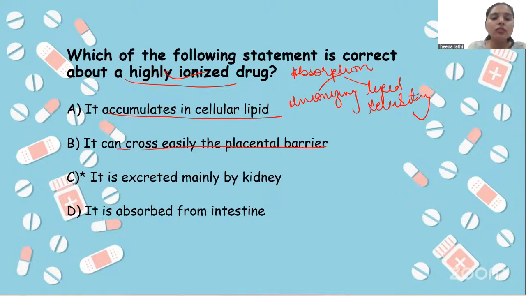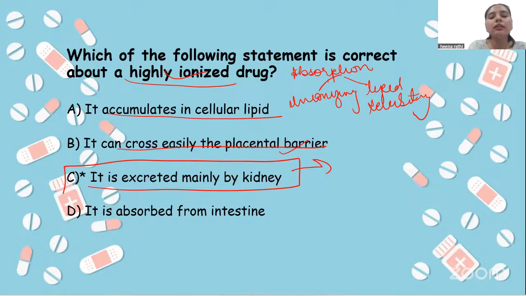Can it easily cross the placental barrier? No, it cannot cross because the lipid solubility is lesser. The unionized drug will cross. Is it excreted mainly by the kidney? Yes, it is excreted mainly by the kidney because it is less lipid soluble. It is going to be excreted by the body. If it is lipid soluble or the unionized type, then it is going to be absorbed from the intestine.